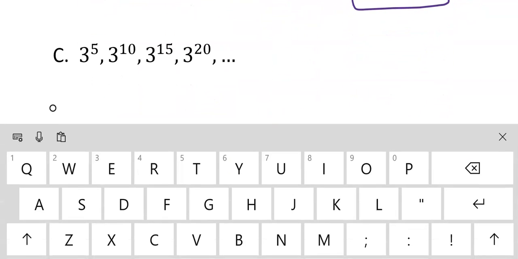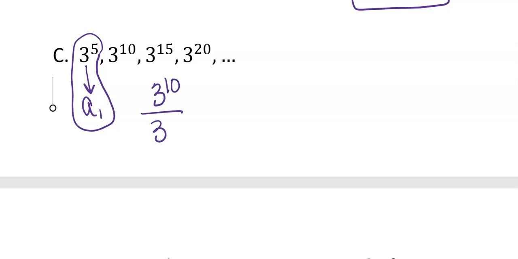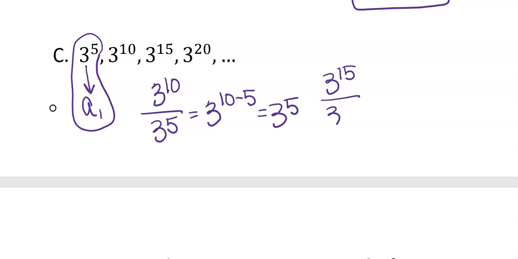This one looks like it's harder, but really you're going to do the same thing. 3 to the 5th power is your a sub 1. Your common ratio would be found by taking 3 to the 10th divided by 3 to the 5th. Remember, when you do that, you're subtracting those exponents, and you get 3 to the 5. You do that the same way for the next term, 3 to the 15 over 3 to the 10.